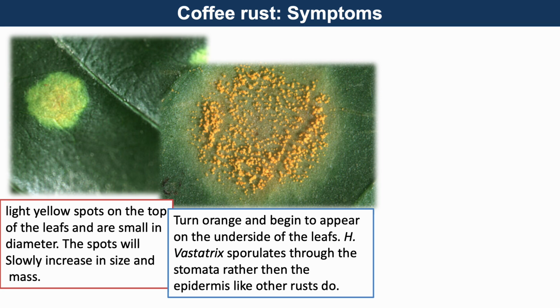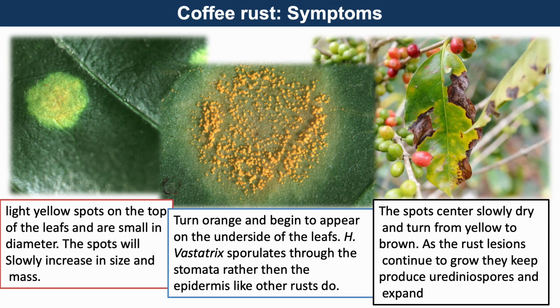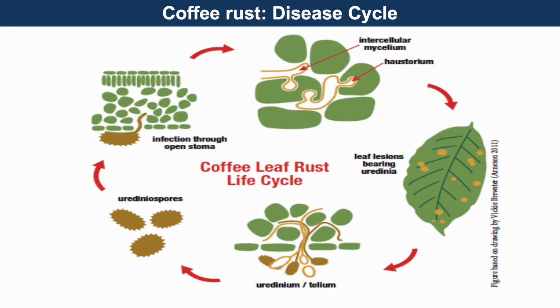Hemileia vastatrix sporulates through the stomata rather than the epidermis like other rusts do. The spot centers slowly dry up in the latter part of the infection, turning from yellow to brown in color. As the rust begins to grow, it keeps producing urediniospores and expands.